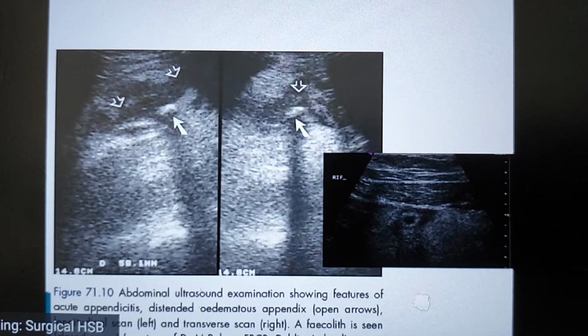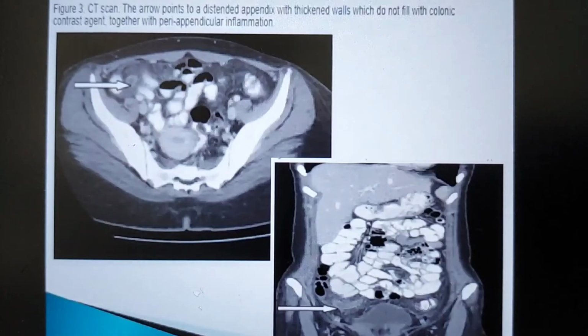You can see a dependent edematous appendix, and a fecalith is seen as well. In the CT scan, the arrow points towards a distended appendix with thickened walls, which did not fill with the colonic contrast agent. In typical appendicitis we usually don't need to do this scan, but we do if we suspect other causes.